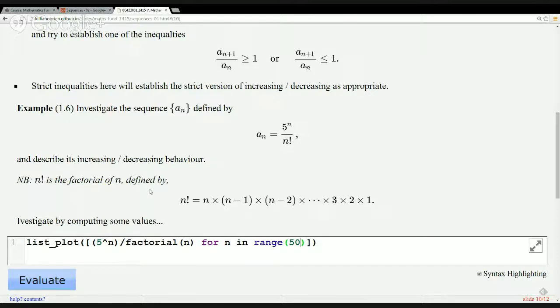So that's whenever n is strictly smaller than 4. Of course, for n equals 4, it's going to be equal to 1. But then for every n strictly bigger than 4, the bottom is going to be larger than the top. So that's going to make it less than 1.